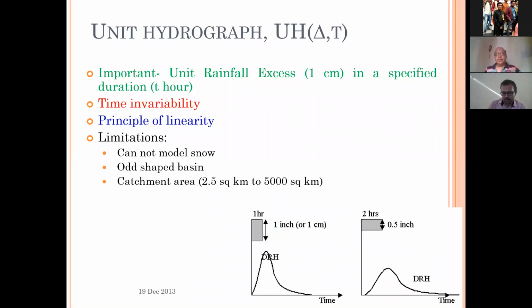So these are some criteria: rainfall excess is 1 centimeter. They are time invariant, which means at any time if that rainfall comes, you will get this type of runoff. They also follow the principle of linearity. So if rainfall is 2 centimeter, your hydrograph will be just doubled.